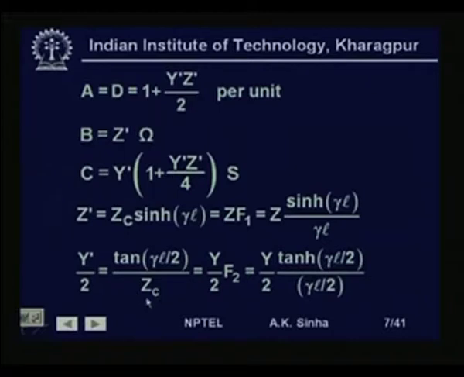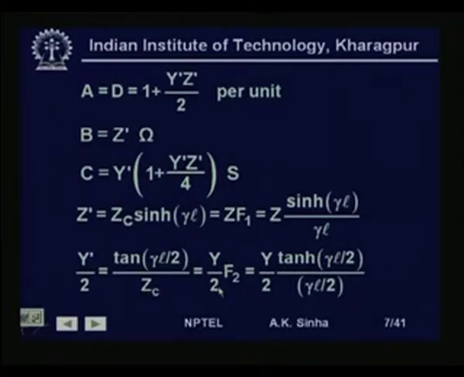Now, using this, here we have Z dash is equal to Z c sine hyperbolic gamma L, which we can write as Z, which is the total series impedance of the line, into F1, or this is equal to Z into sine hyperbolic gamma L by gamma L. Similarly, Y dash by 2 will be equal to tan hyperbolic gamma L by 2 divided by Z c.